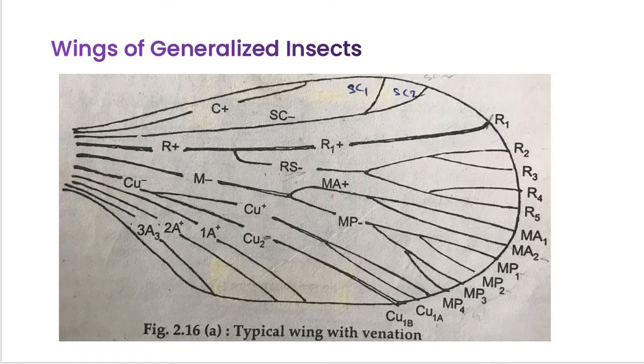Okay. Now on the anterior margin of the wing in some groups of insects there is a pigmented spot, and such a spot is called a pterostigma. Now the pterostigma is particularly present in Odonata, which includes the dragonfly.